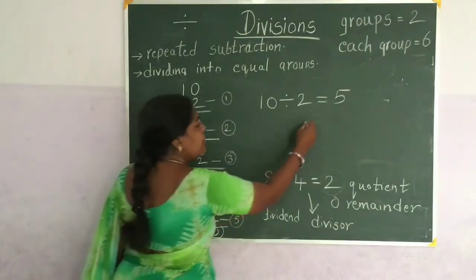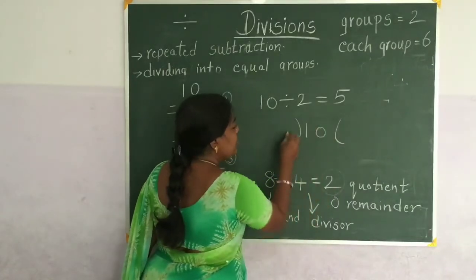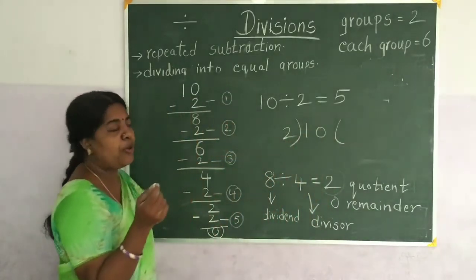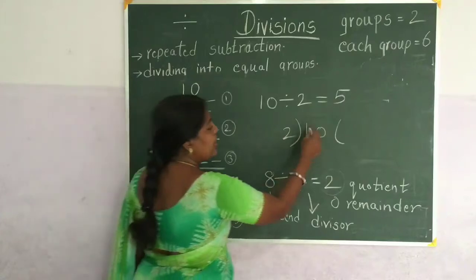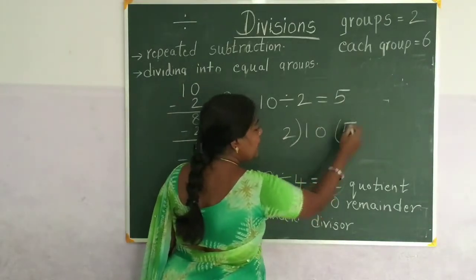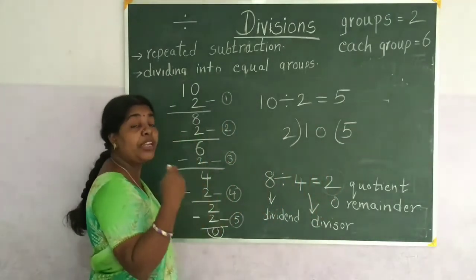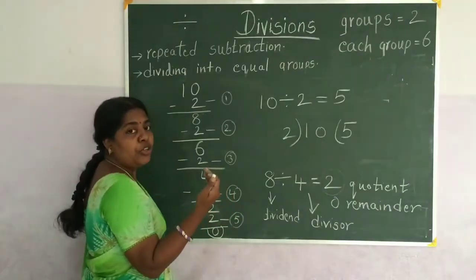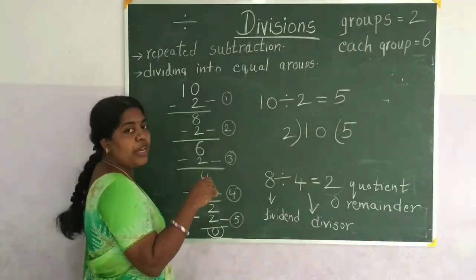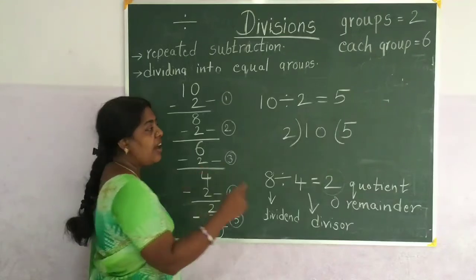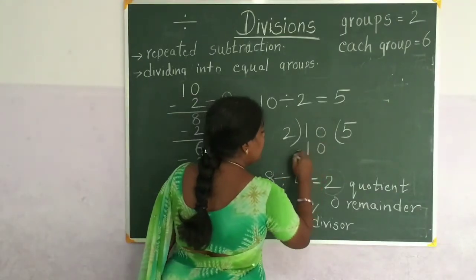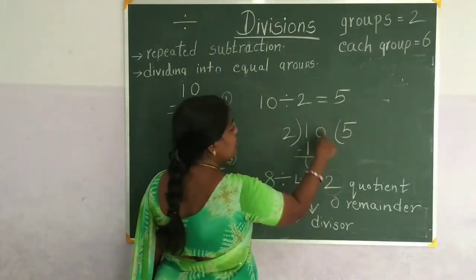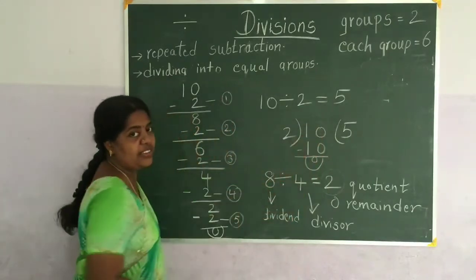So, you can check it with this division form also. 2 table 10, how many times you read 2 table? 2 table 10, how many times do you get 10 in 2 table? 2 5s are 10. 10 minus 10 is 0. So, the same thing we are doing like this.